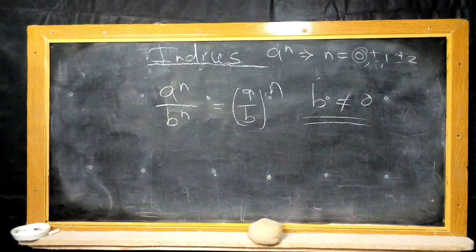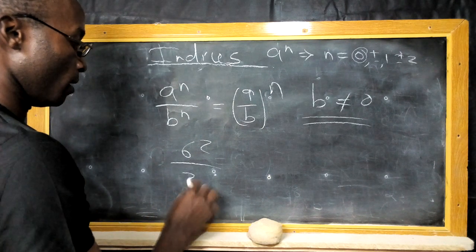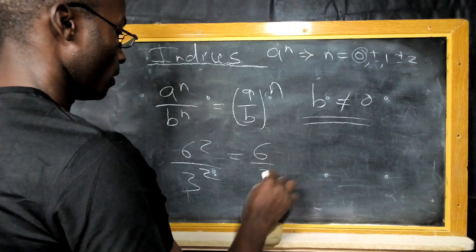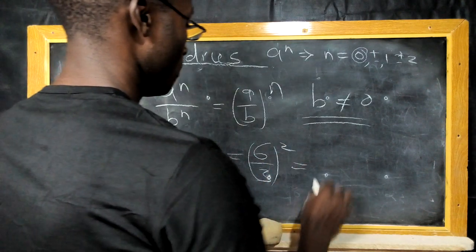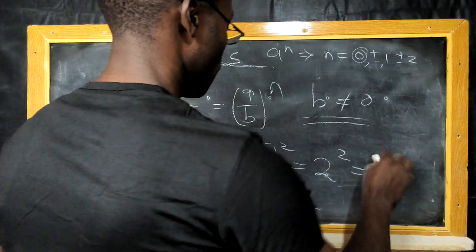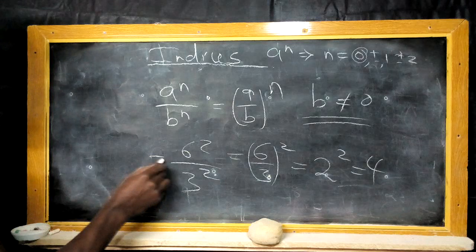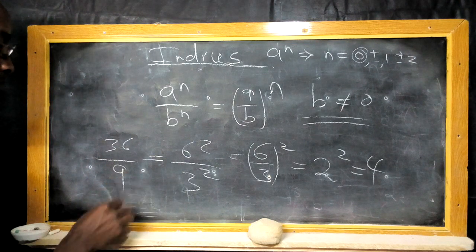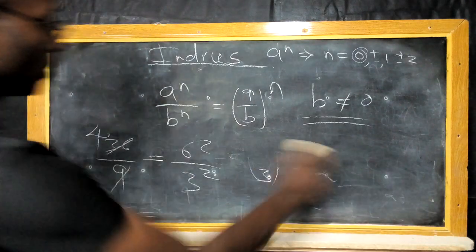So for example, if we have 6 raised to power 2 over 3 raised to power 2, that will be the same as 6 over 3 squared, which is the same as 2 squared, which is 4. If we look at this, we can say that this is 36 over 9, which is the same as 4. So we can confirm that the expression is correct.